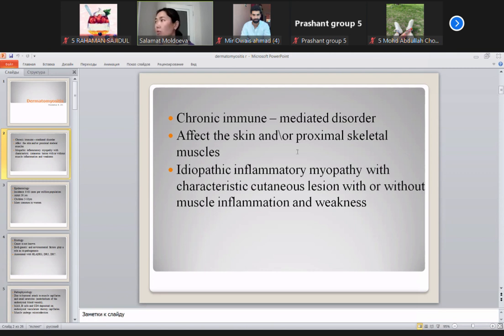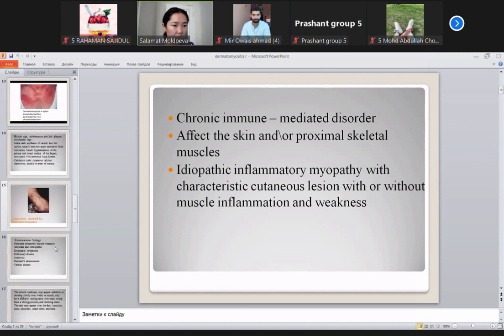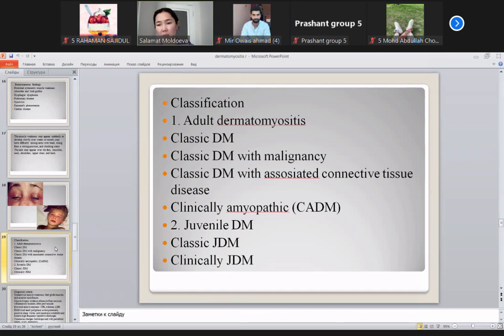Again, I repeat for students: classical dermatomyositis, polymyositis, atypical or amyopathic dermatomyositis. Three big types of disease. This is the main classification. Another classification I want to show on this slide: adult dermatomyositis and juvenile dermatomyositis.